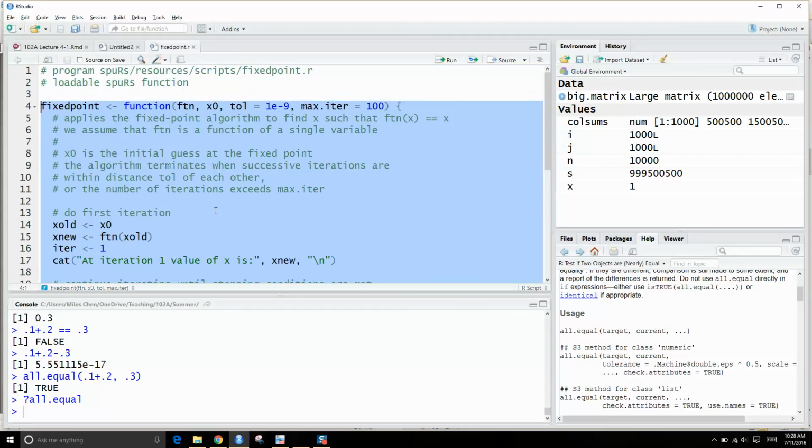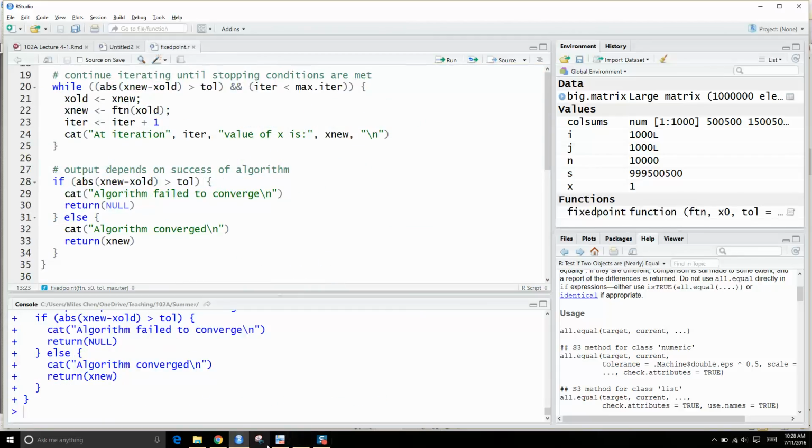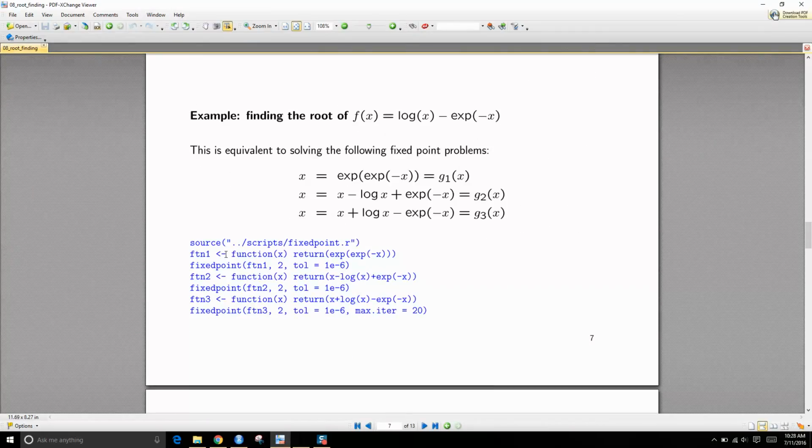So I'm going to create a function called fixed point. So we have a fixed point function, and then we'll try it. Okay, so we're going to define our function of x. We're going to set x equal to, if we take the exponent of both sides, so basically what we've done here is we set this equal to 0, and then I added x to both sides, right?